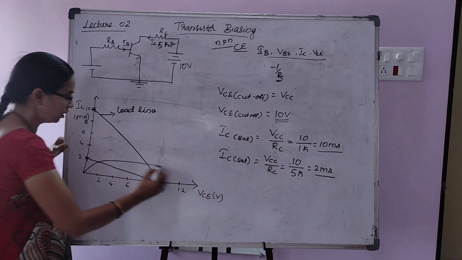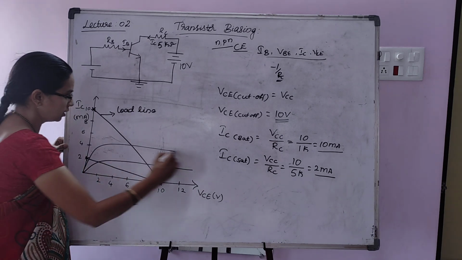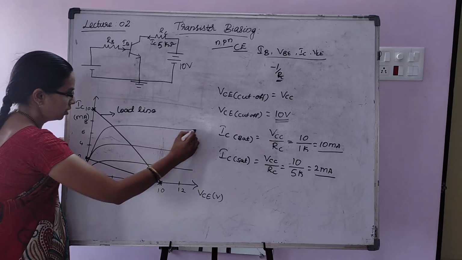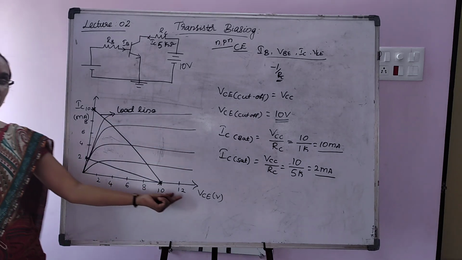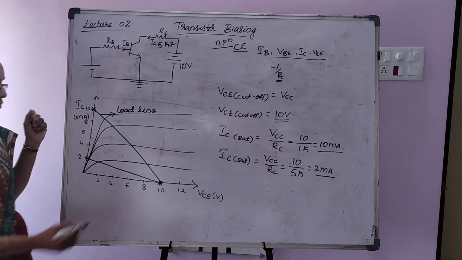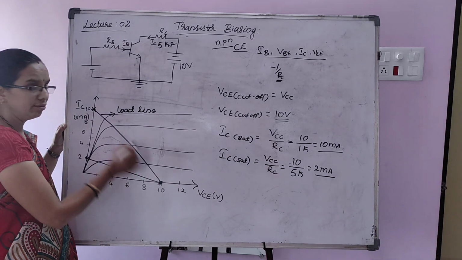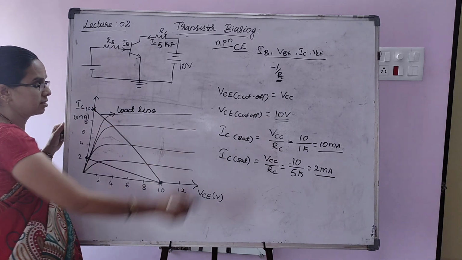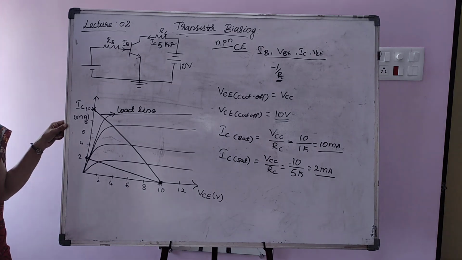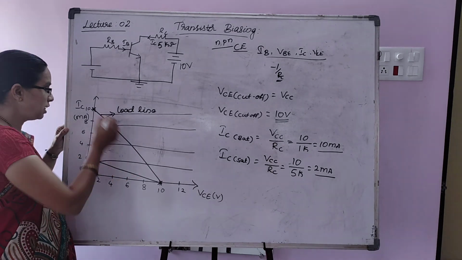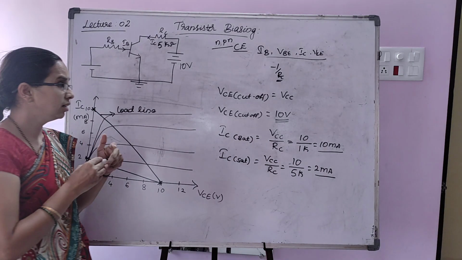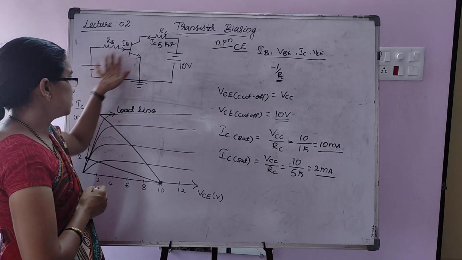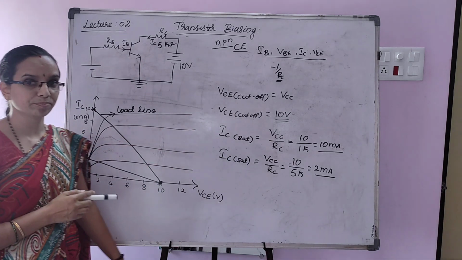Assume here we have the output characteristic curves of the transistor. Output characteristics of the transistor in CE mode will be VCE versus IC. The DC load line is the one which intersects the output characteristic curve of the transistor. The endpoints of the DC load line are decided by setting the DC voltages and DC currents.